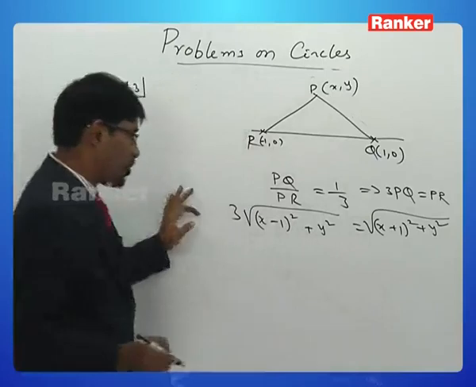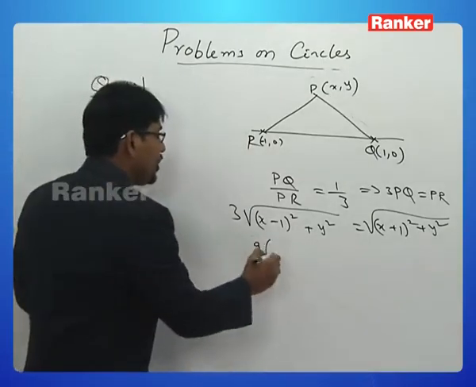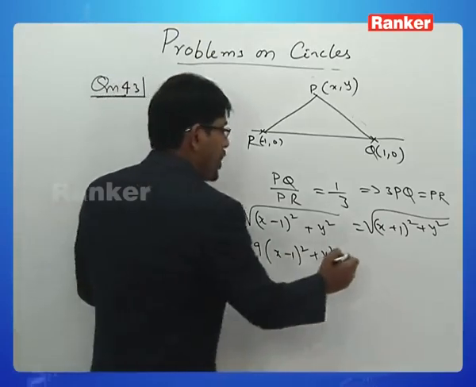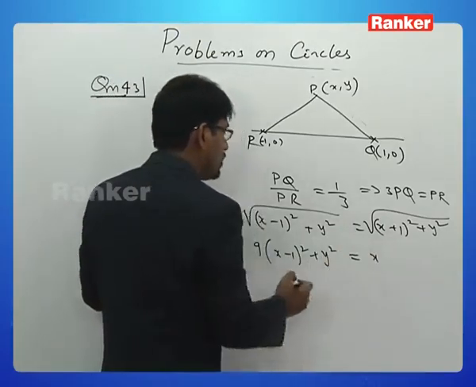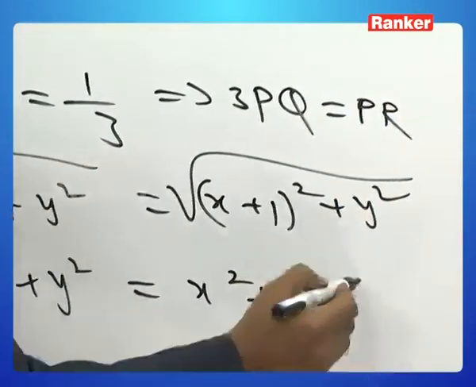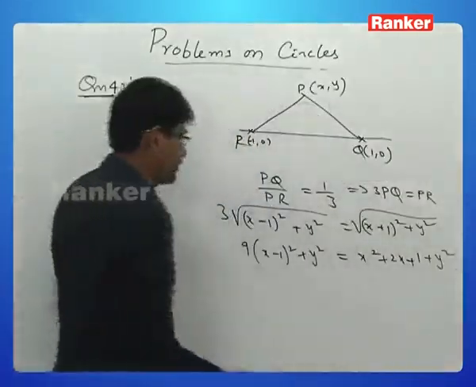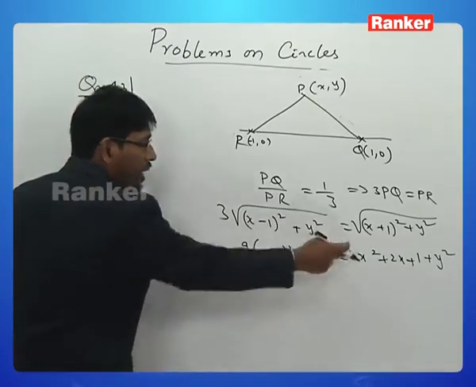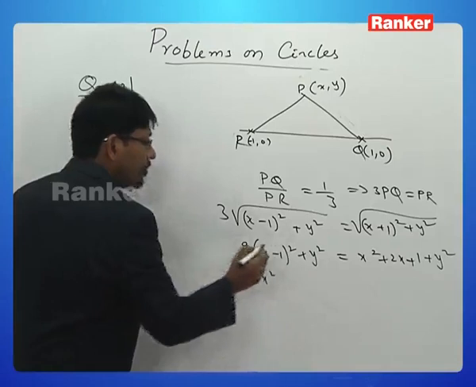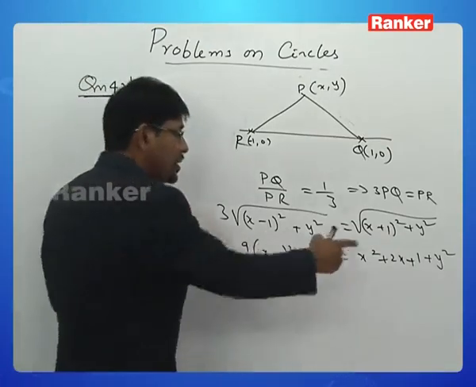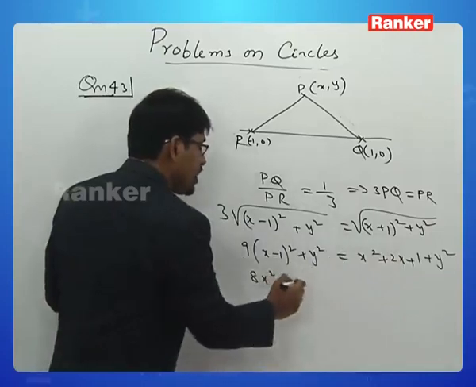Now squaring both sides, what do we have here? 9 into x minus 1 whole square plus y square is equal to x square plus 2x plus 1 plus y square. On the left hand side, 9x square minus x square is 8x square, 9 into 2x is 18x, so minus 18x and minus 2x here, so minus 20x.